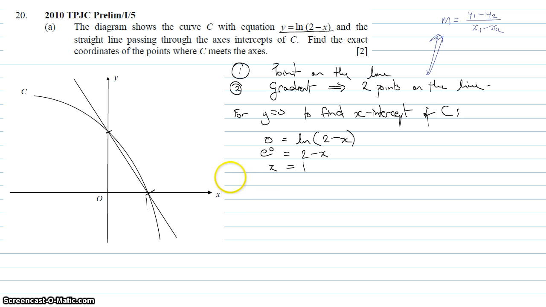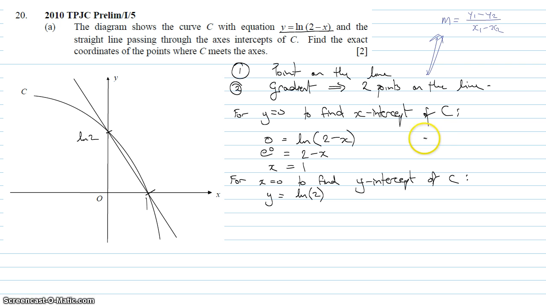For the y-intercept, I set x equals to 0, and that gives me y equals to ln 2. So this value up here is ln 2. So I've got the point (1, 0) and the point (0, ln 2) that this curve passes through.